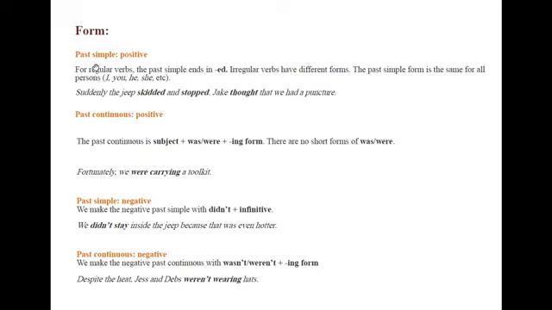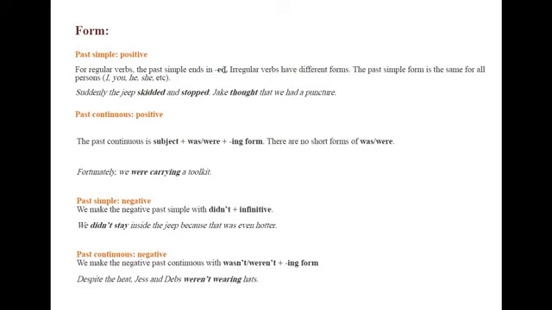The form for the past simple: we have positive and we should have negative. For the positive, for regular verbs, the past simple ends in ed, as we said before.